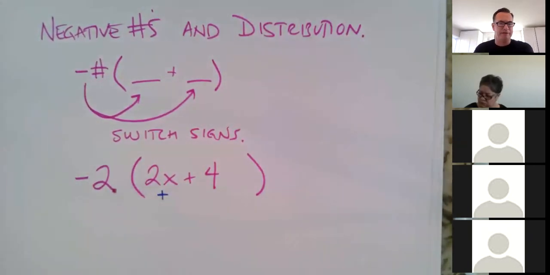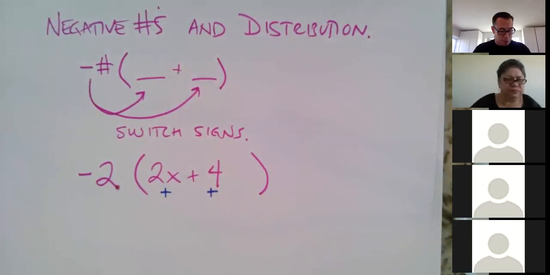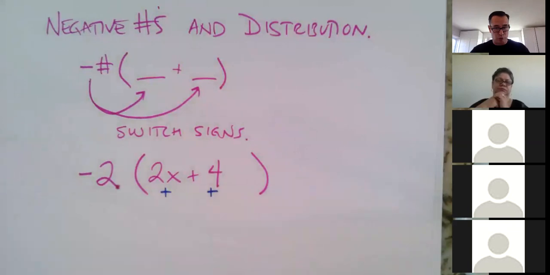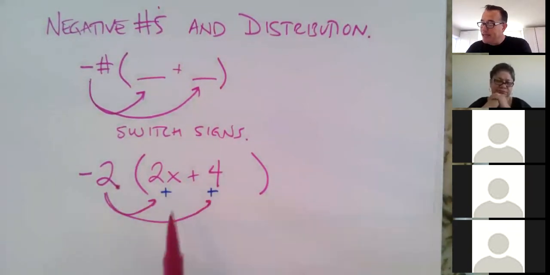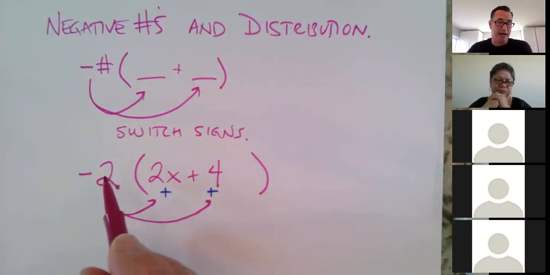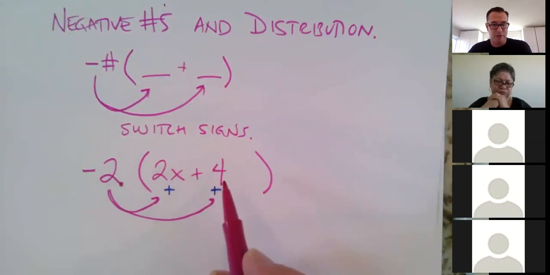Positive. Also positive, okay. So when I distribute this -2 and bring it in here, it is going to switch both of those signs because they were positive. I multiplied by a negative number, so the positive becomes negative, the positive becomes negative, okay?